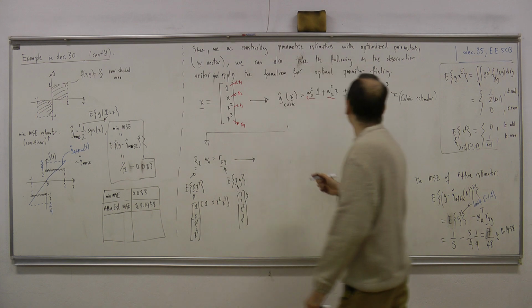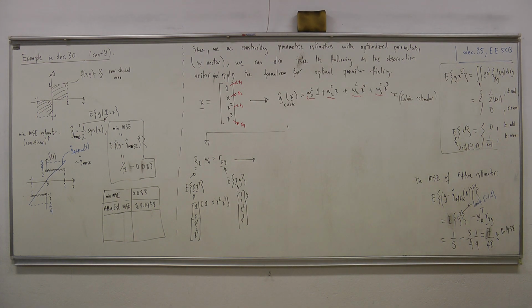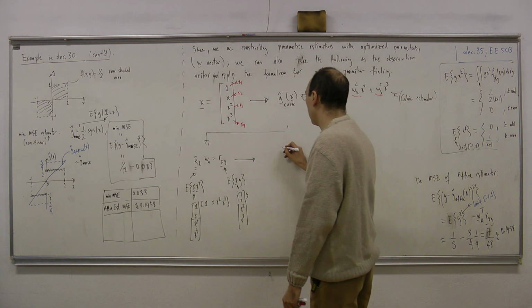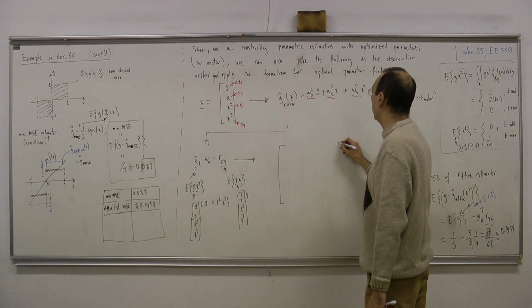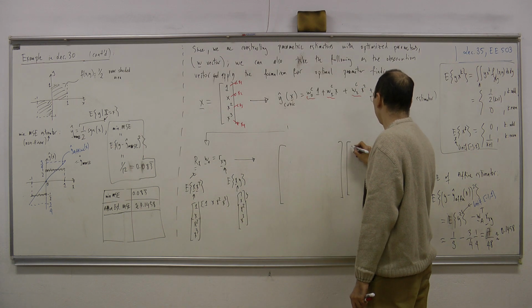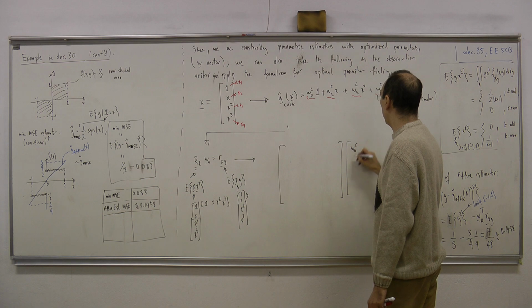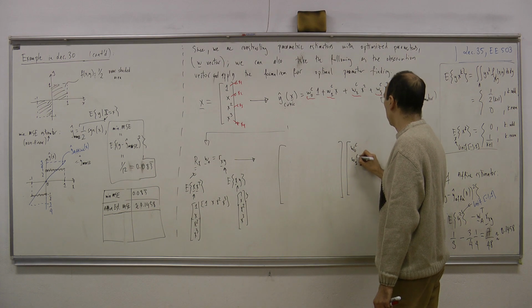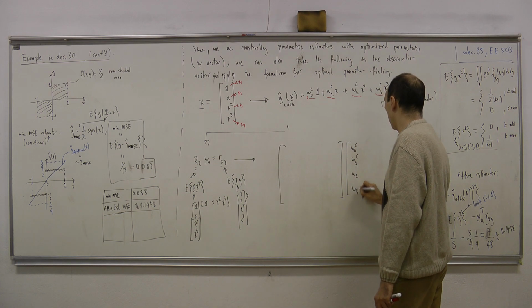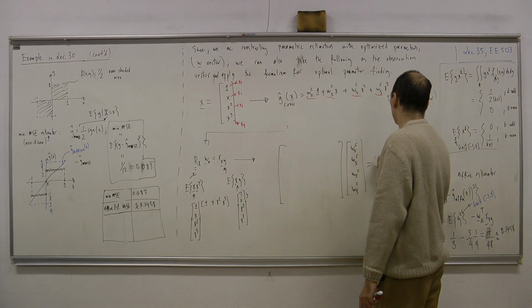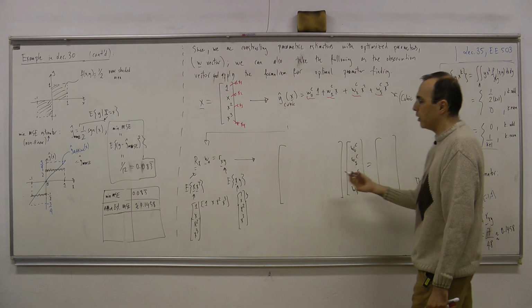So if I write this, now again I have this time 4 unknowns, the cubic estimator unknowns. So I should do the same thing.